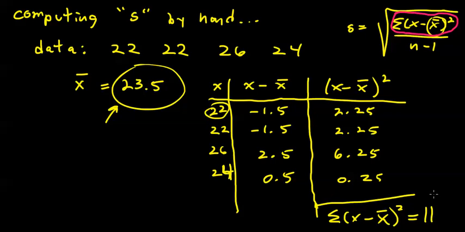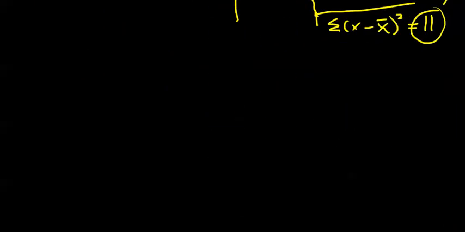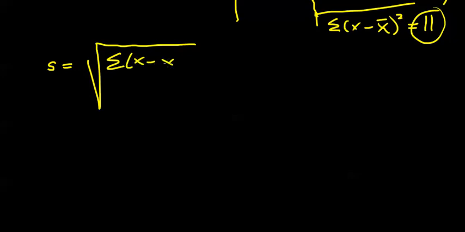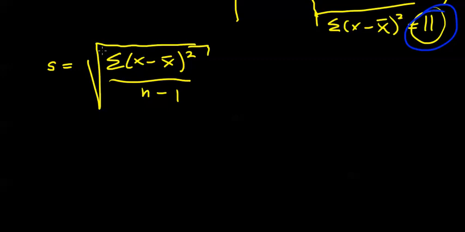So that 11 is going to get tucked in the numerator of that root expression for sample standard deviation. Let me go down and get some more room here. So sample standard deviation, you write down the formula again, the square root of the summation of x minus x bar squared divided by n minus 1. As we've seen, 11 will get substituted in here.